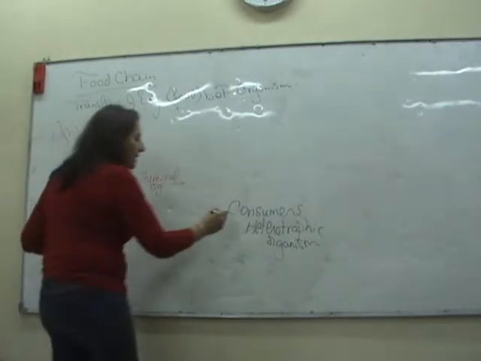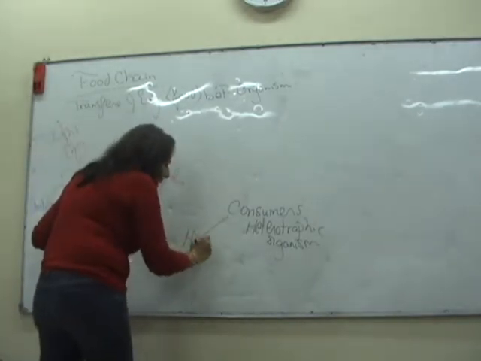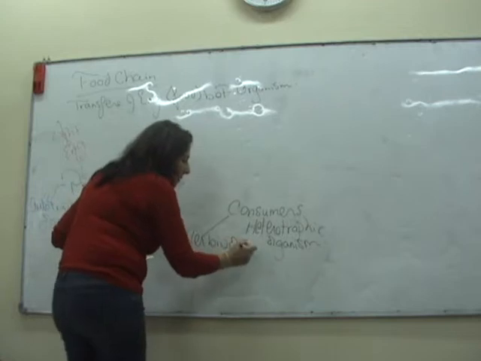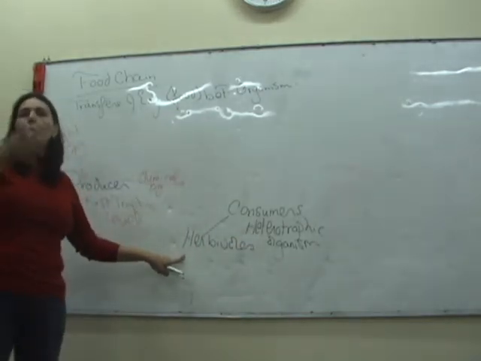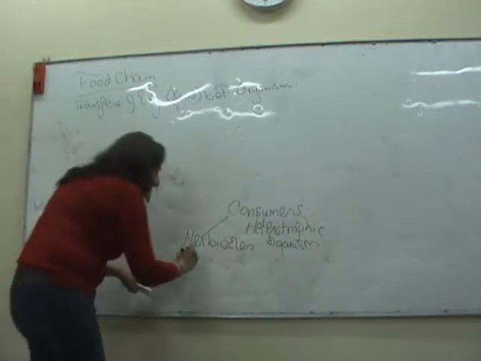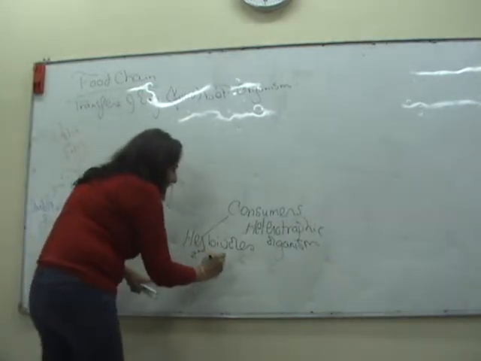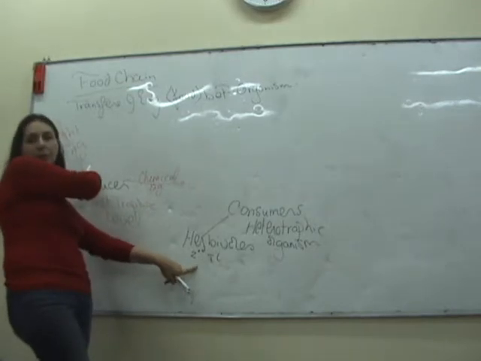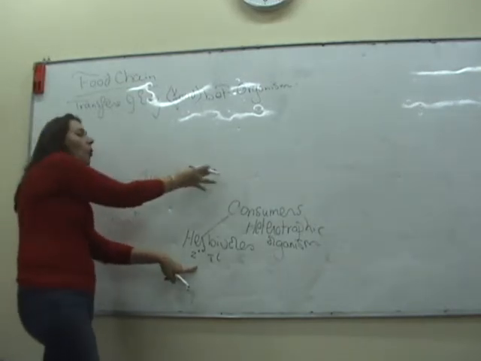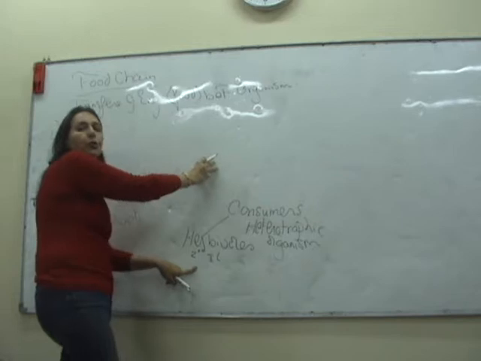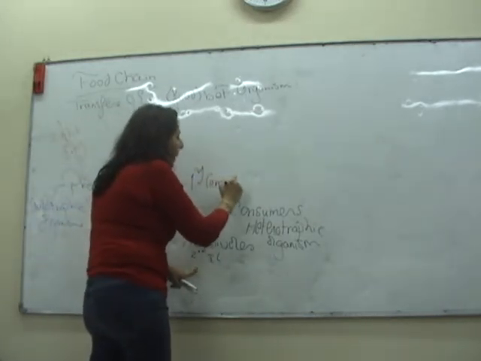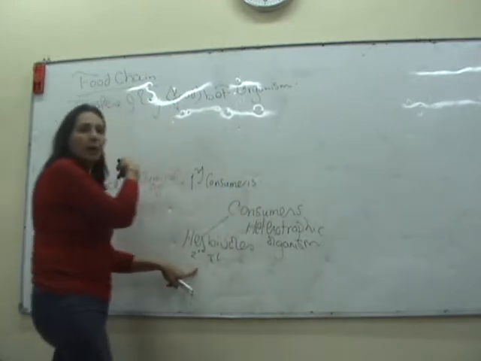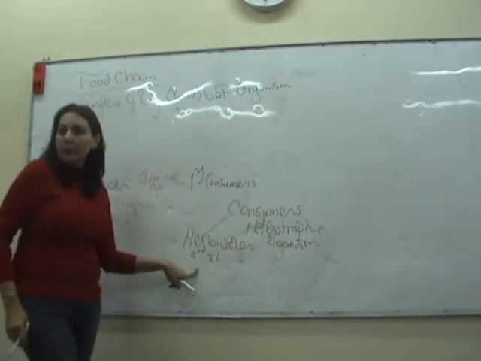The consumers can either be herbivores, and these are plant eaters. Herbivores are always found in the second trophic level because they always feed on producers. So they must always come as primary consumers. Primary consumers are those feeding on producers.